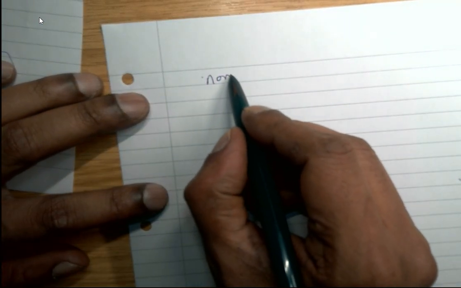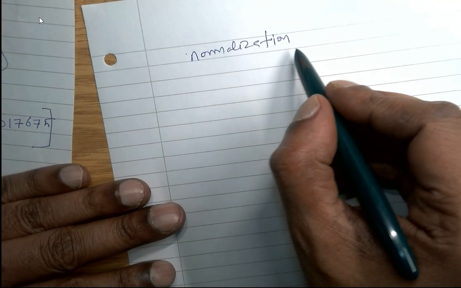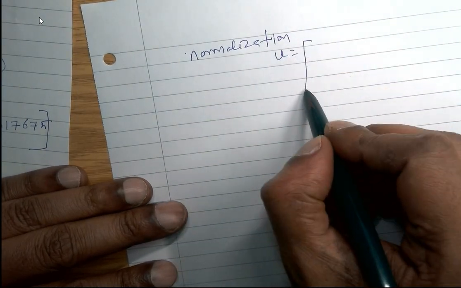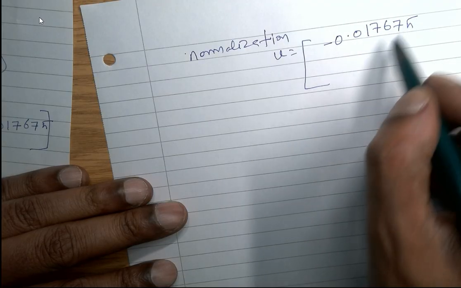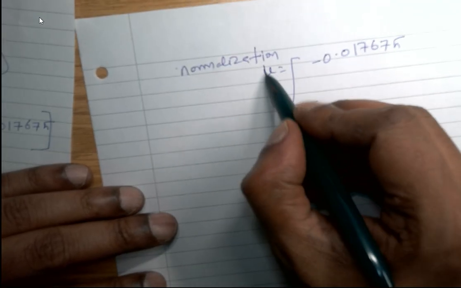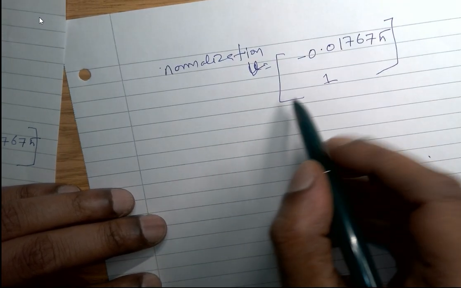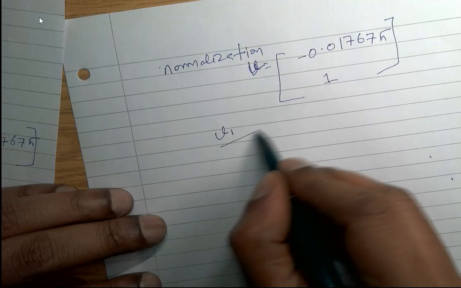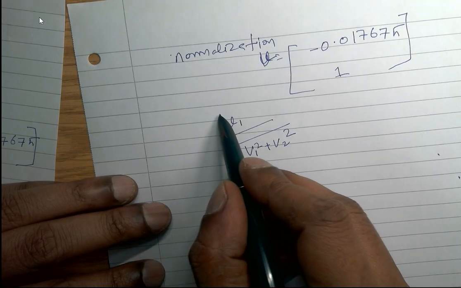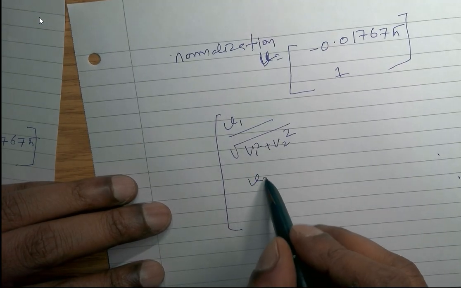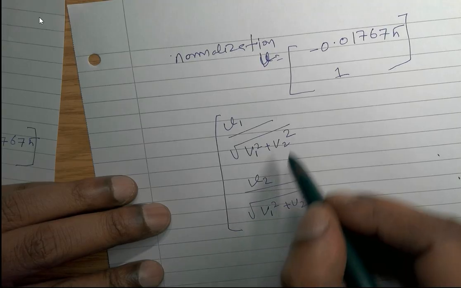Normalization of vector v is equal to, so many software normalize the calculated vector, so that's what I'm doing now. Normalization is v1 divided by square root of v1 square plus v2 squared, and then v2 divided by square root of v1 square plus v2 square.